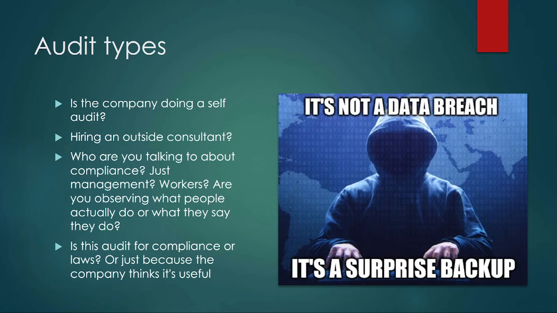When we are doing an audit, one of the things that we have to think about is, who are we talking to? And are we observing what's happening, or are we just talking to people? One of the things that happens pretty commonly in most companies is, what you say you do and what you actually do are not necessarily the same.